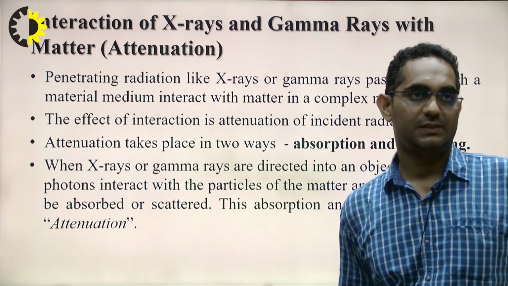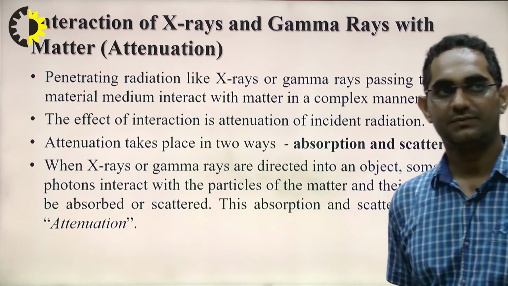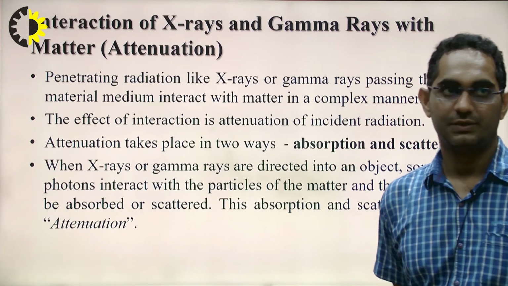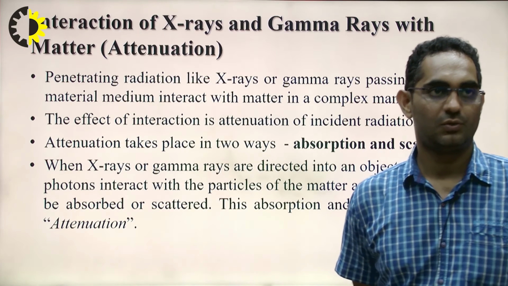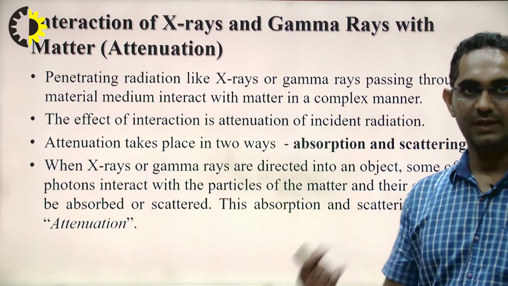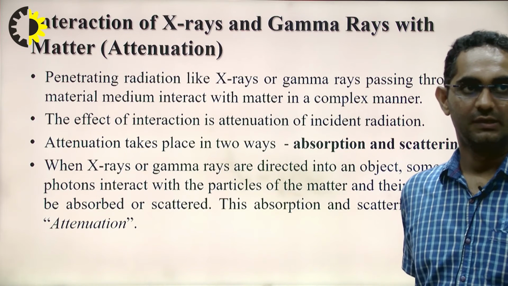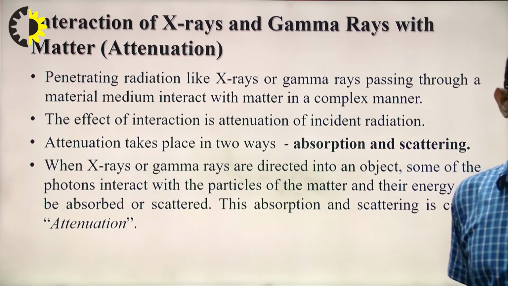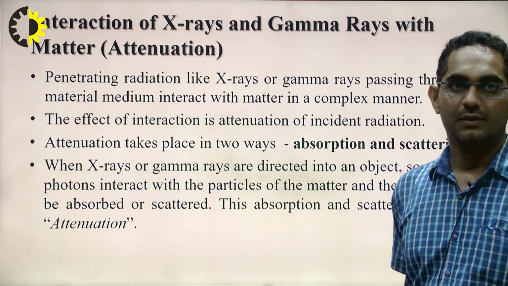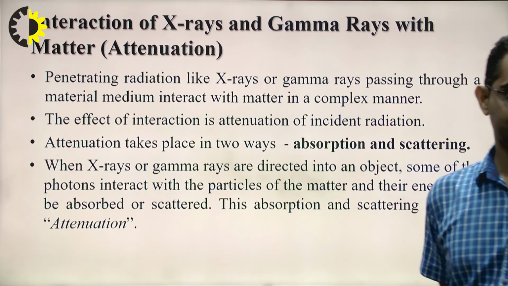Now, next is the interaction of X-rays and gamma rays with matter, that is, the attenuation. Penetrating radiations like X-rays and gamma rays passing through a material medium interact with the matter in a complex manner, and the effect of interaction is attenuation of the incident radiation.